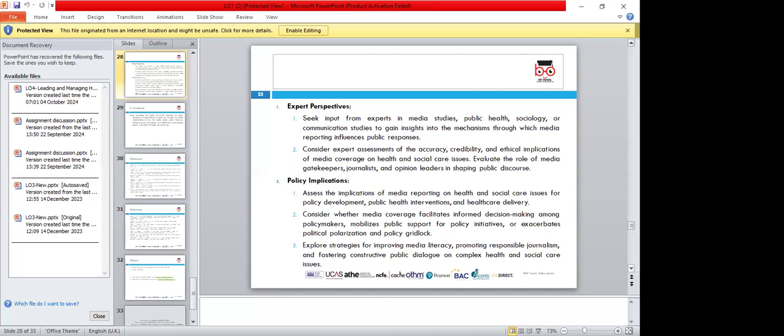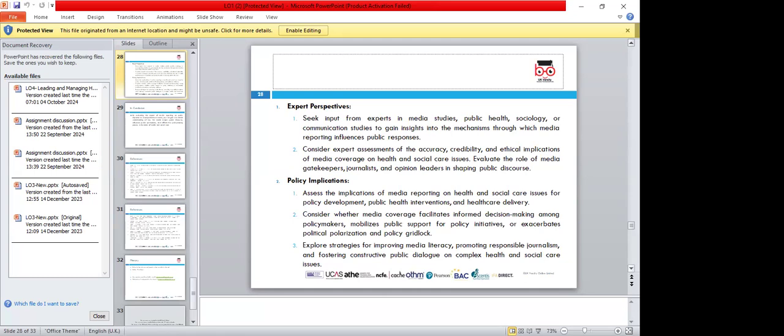Evaluate the role of media gatekeepers, journalists, and opinion leaders in shaping public opinion. You need to listen to the journalists. When we say gatekeepers, those who hold the fort, the key people within the media, how their opinions matter, you need to assess the role of the media gatekeepers.